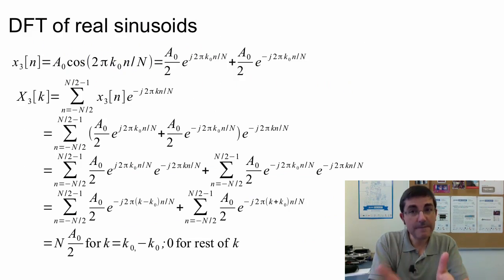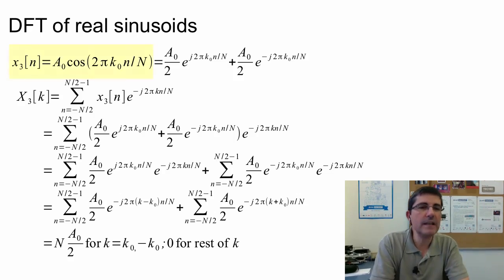So let's go a step further and compute the DFT of a real sinusoid, not a complex one. Thus, something that is closer to the reality of sounds, but it's a bit more messy. So let's take a signal that is a real sinusoid with an integer frequency.